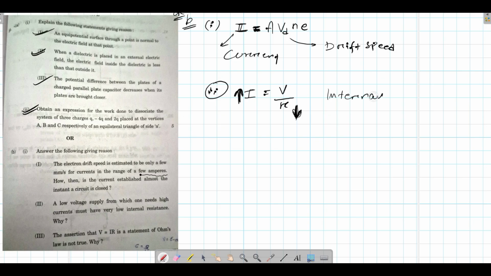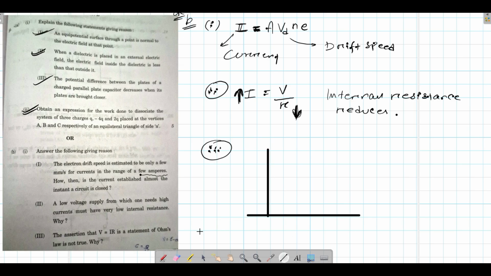The assertion that V equals IR is a statement of Ohm's law is not true. So this is V, this is I. For a practical conductor, this is the graph.